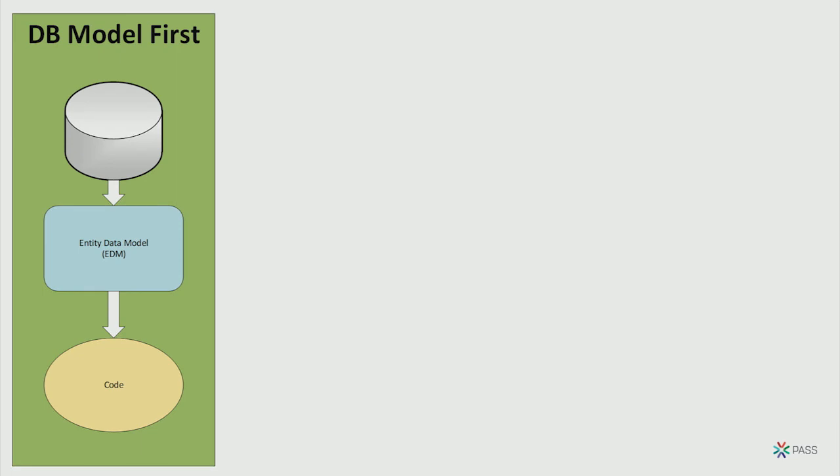The original way that we used to do Entity Framework 8, 9, 10 years ago is we would have a database, we would generate what we call an entity data model, and that would be called an EDMX file. That was basically just a bunch of XML that described the database. And then we could write code that went against that EDMX.